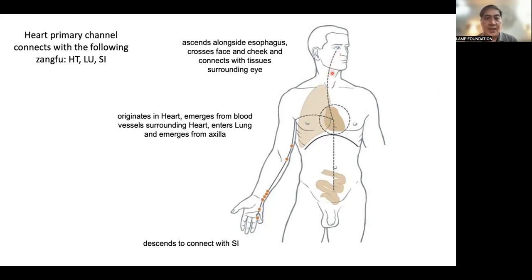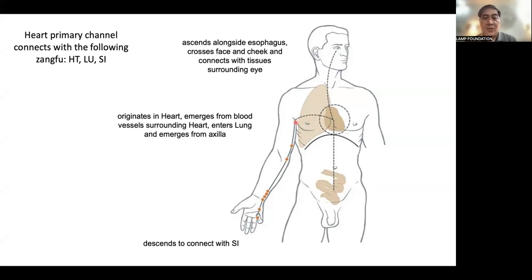Then another branch goes directly from the heart to the lungs. Then it slants downward to emerge below the axilla. So we have so far discussed the two branches.